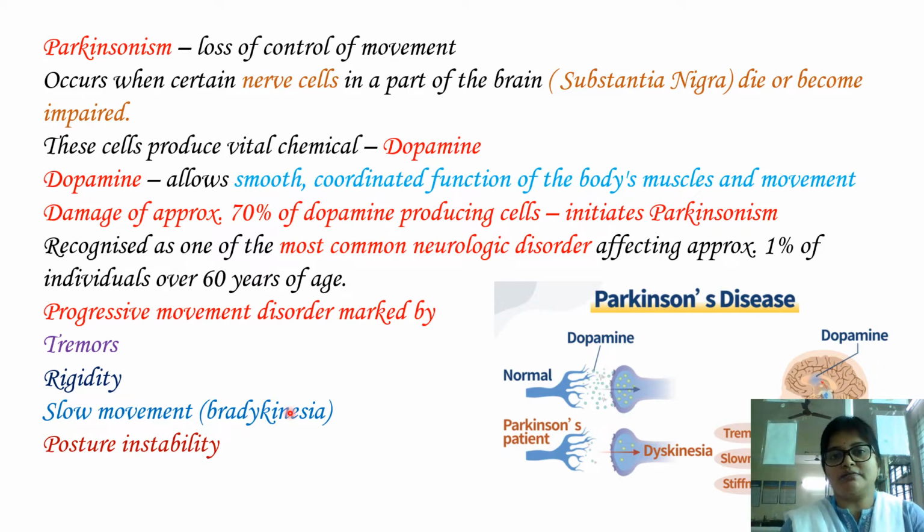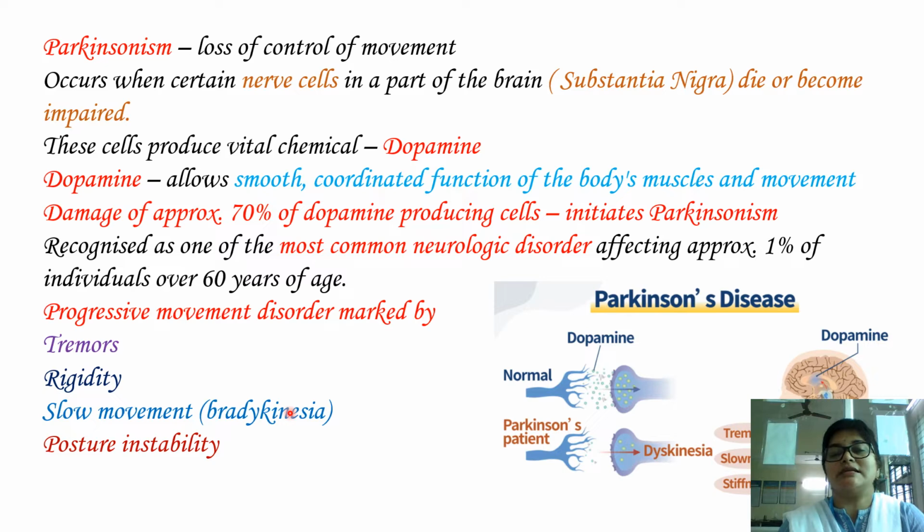So Parkinsonism is a loss of control of movement, occurring because of degeneration of the cells present in the substantia nigra. Why the substantia nigra? Because these cells produce dopamine, a neurotransmitter or chemical used in the coordination between the muscles and the movement.